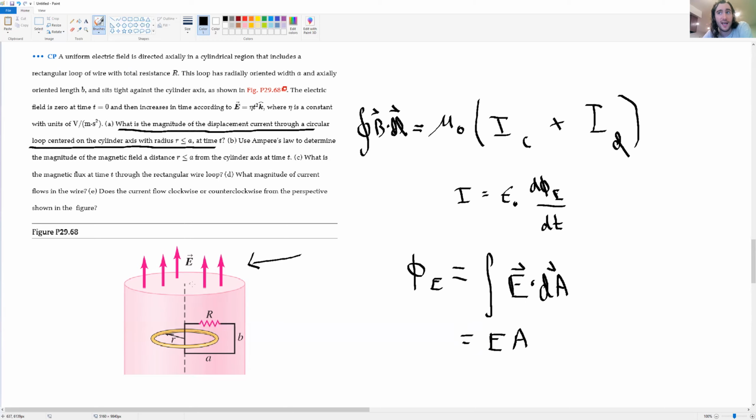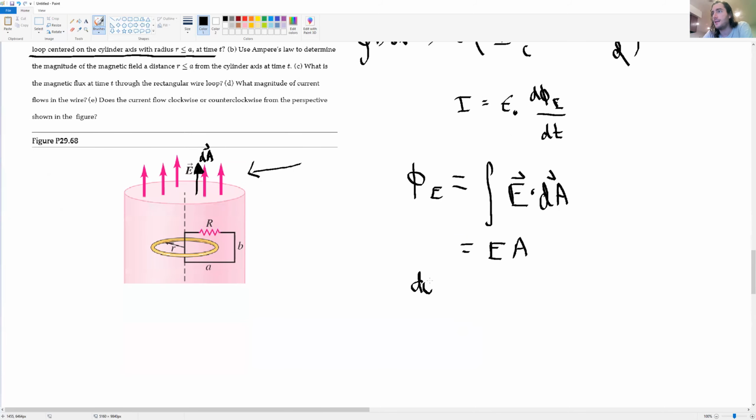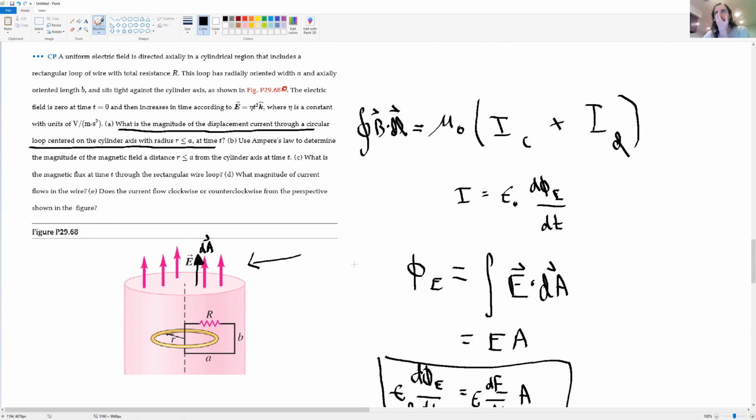If we choose dA to be in this direction, the angle between those two vectors is 0, so the cosine is 1. So just EA. Then d phi_E dt would be dE dt, and the area doesn't change with time, so multiplied by the area. If I multiply both sides by epsilon naught, then I have the displacement current. So there you go for the displacement current part.